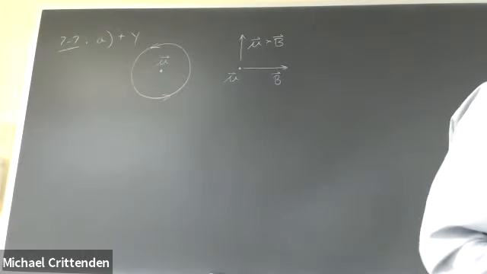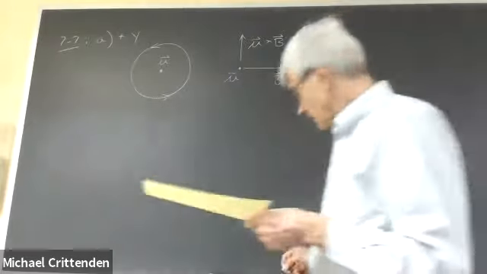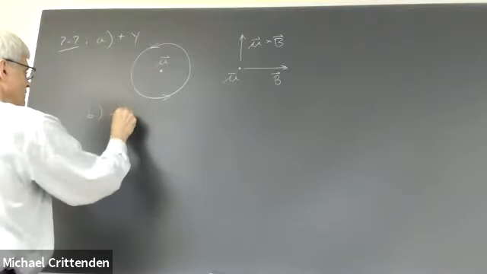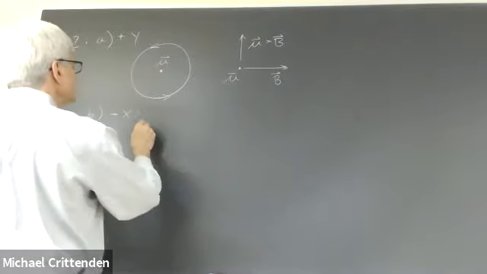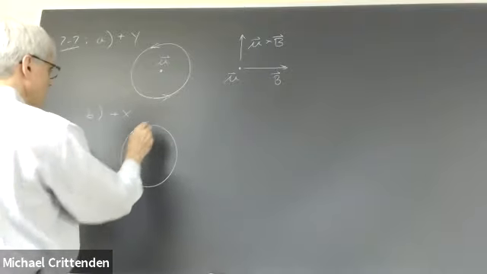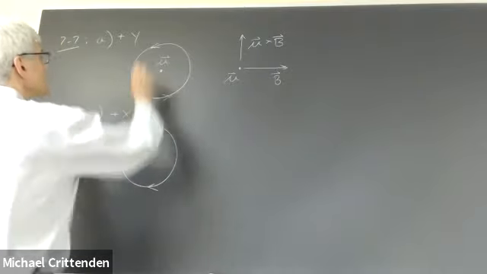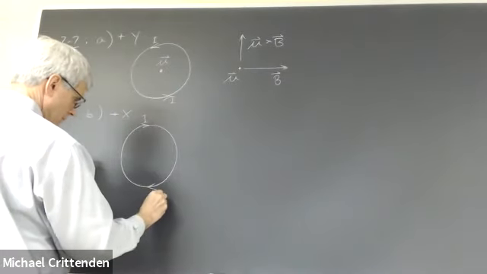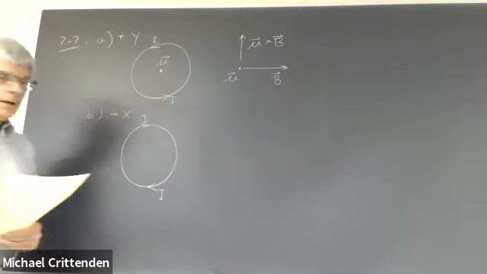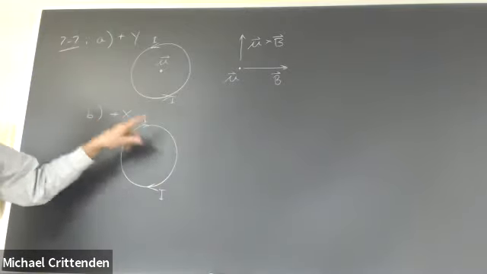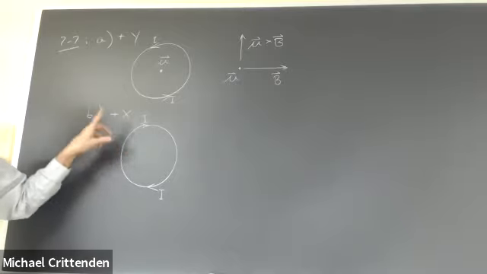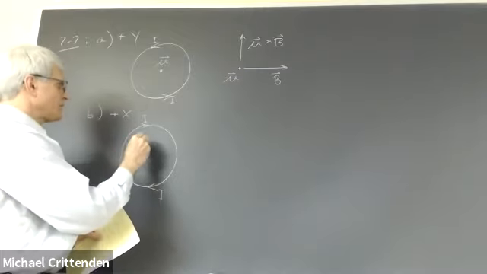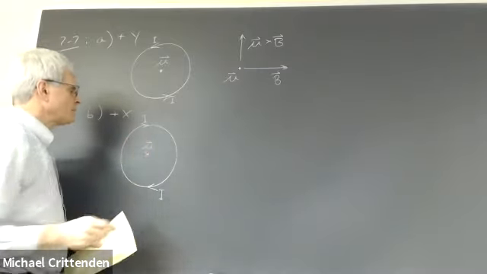For the next one, as I said, the answer comes out positive X. So this time, the current, I probably should have labeled that I, this time it's going around the loop clockwise. Opposite direction for the current means the opposite direction for its magnetic moment.